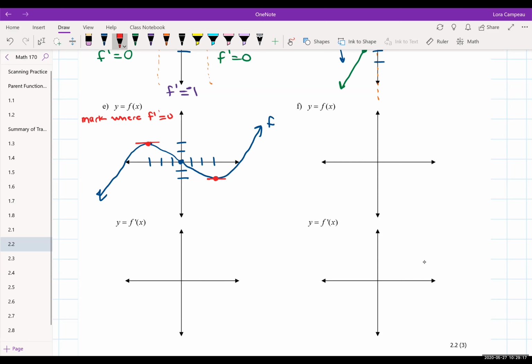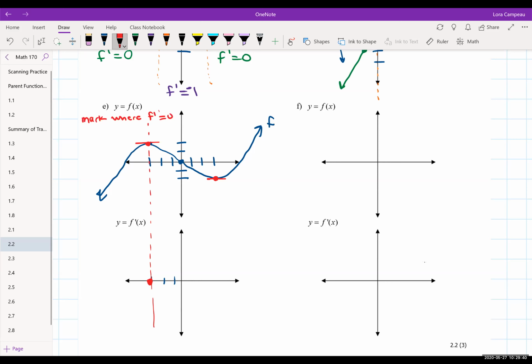So it looks like at x equals -3, so I'll try to draw my tick marks in relation, the derivative itself actually has a 0 slope, so I would mark a point there.